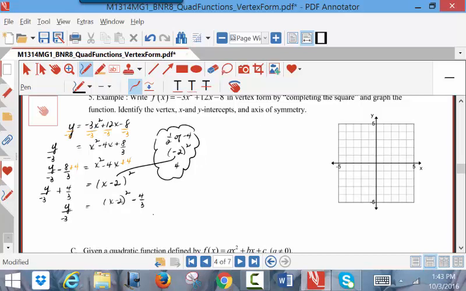And this time you're going to multiply everything by -3. Not just 3, but a -3. So we're going to get y equaling -3 times (x minus 2) squared plus what?